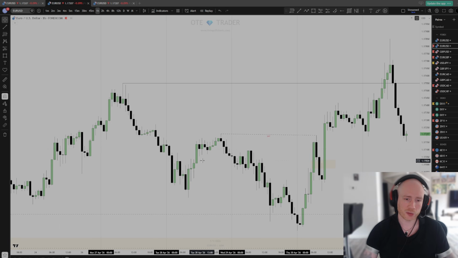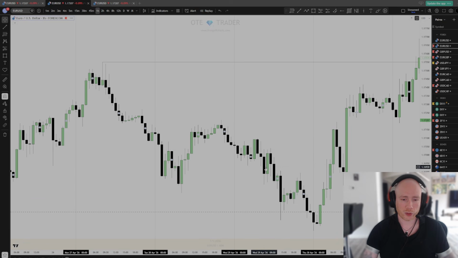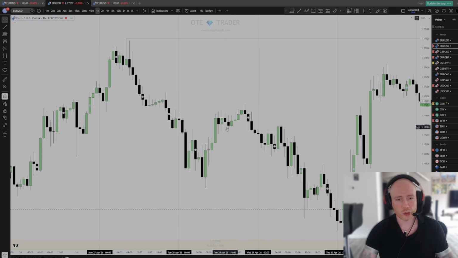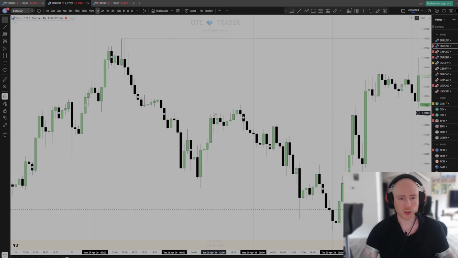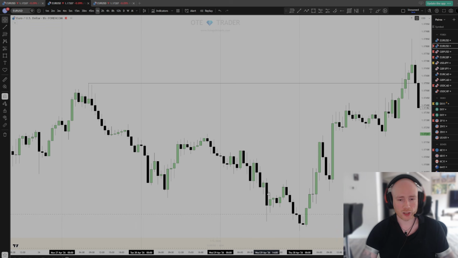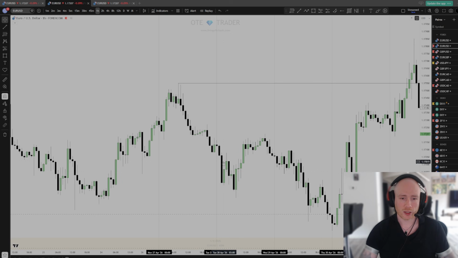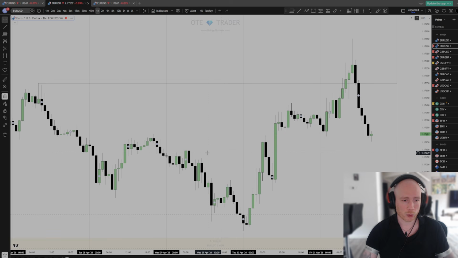However, it is very difficult to find a setup here, because it just chopped around a lot. There's no real entry model for me personally. There was no IFVG to work with either. So even though price delivered into the sell side as I expected, and a couple of the guys in the group actually caught it, which I like to see, personally I did not.